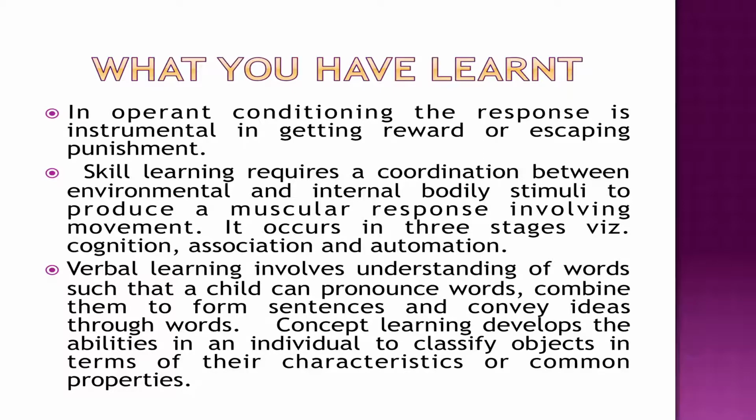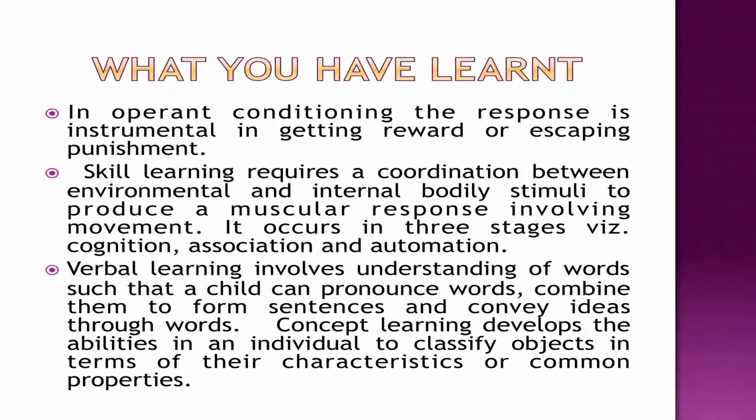Skill learning requires a coordination between environmental and internal bodily stimuli to produce a muscular response involving movement. It occurs in three stages, which are cognition, association and automation. Verbal learning involves understanding of words such that a child can pronounce words, combine them to form sentences and convey ideas through words.